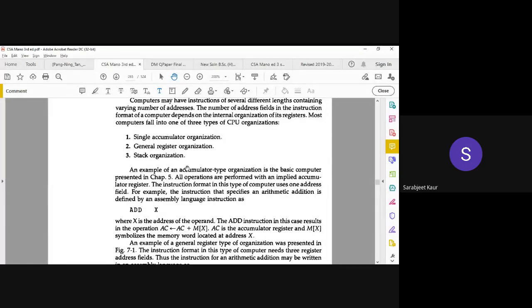Today we are looking at another use of stack: to help in the execution of the arithmetic and the logical operations. Based upon these three basic kinds of CPU organizations, we are going to look at different formats of the instructions.